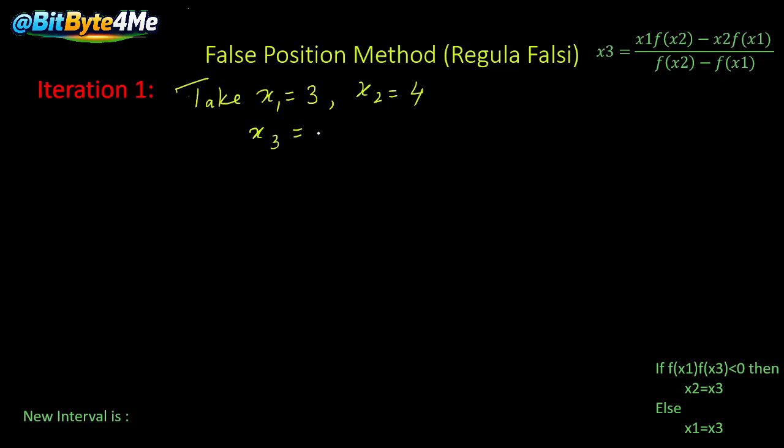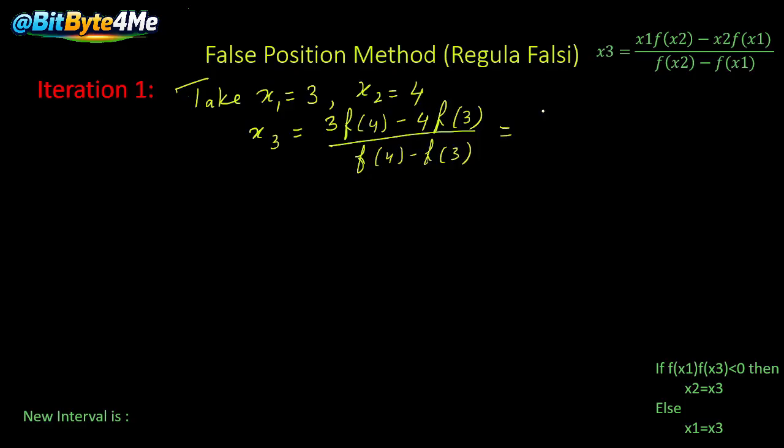So here we have 3 as x1, and f(x2), that is f of 4, minus 4 f of 3 over f of 4 minus f of 3.